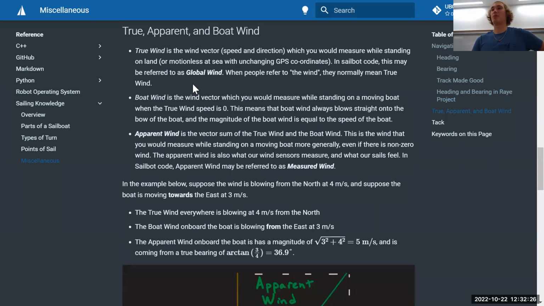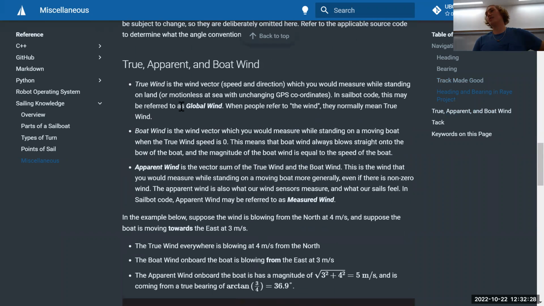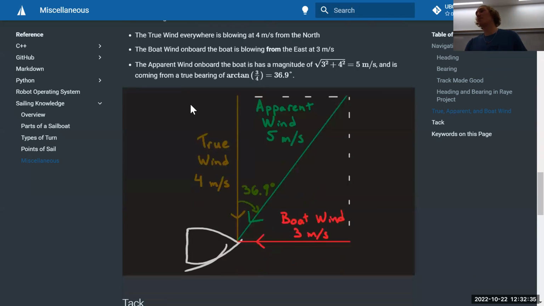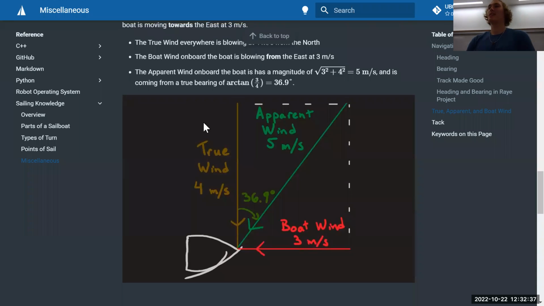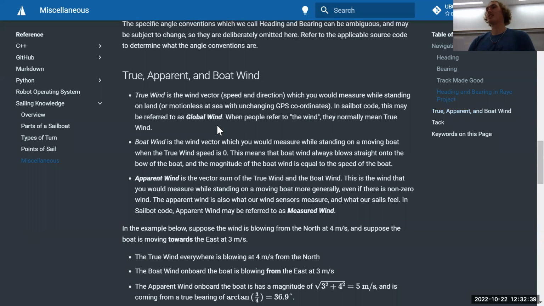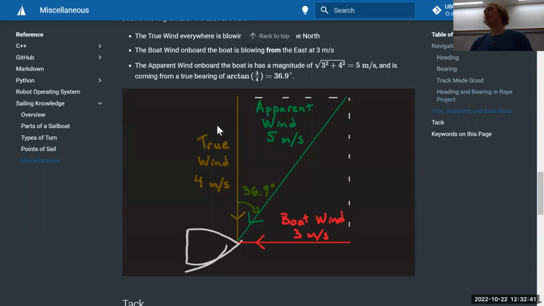This is an important concept. I'm just going to jump right in. There are a couple different types of wind we can talk about. True wind is what you feel if you're standing on the ground, not moving. If you're on a moving thing, you'll feel the apparent wind, which is different.